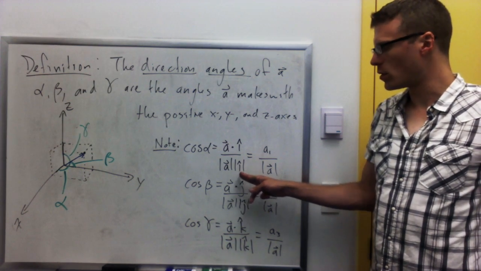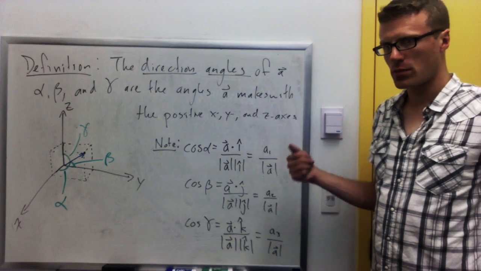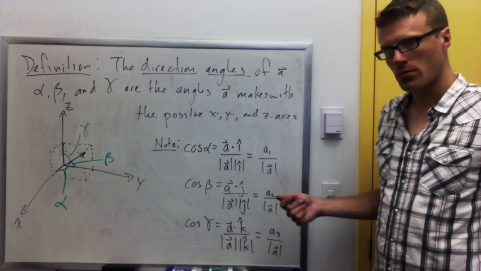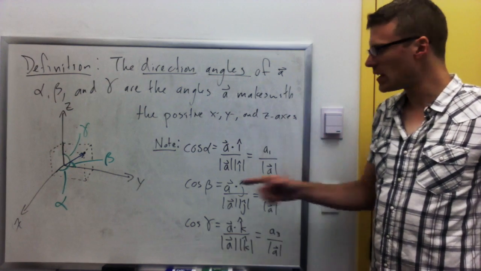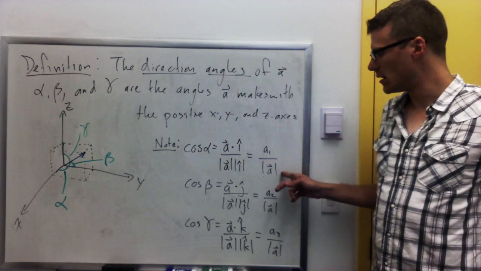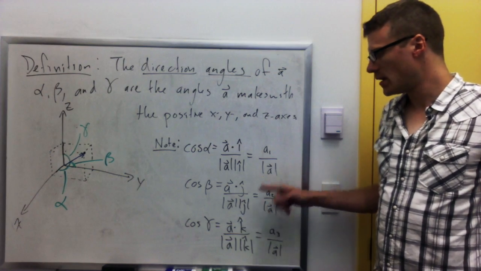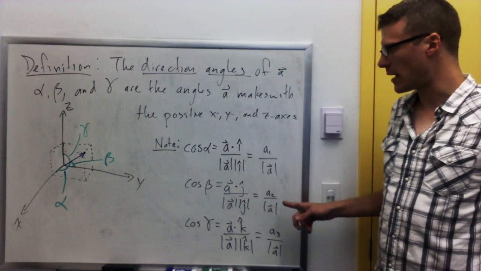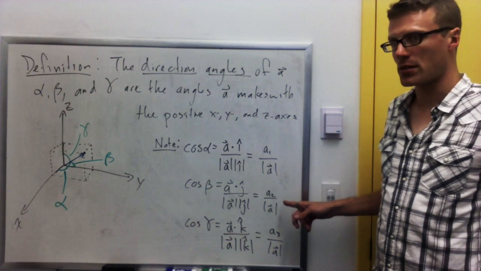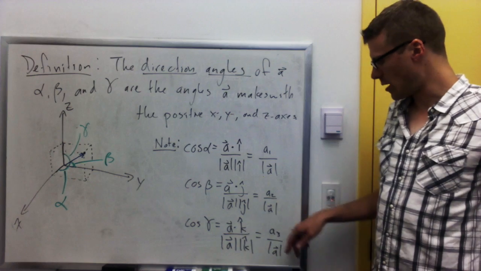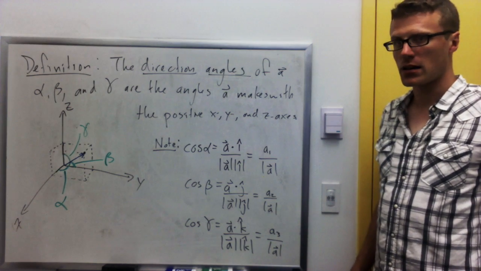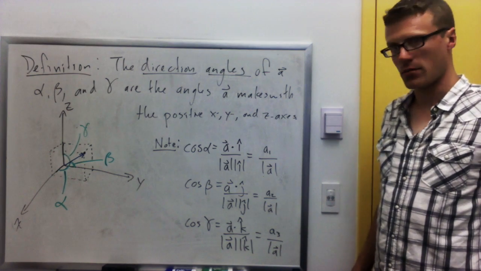Its components are 1, 0, 0, so 1 squared plus 0 squared plus 0 squared is 1. Square root of 1 is 1, so its magnitude is 1. At the end of the day, cosine of alpha is A1 divided by the magnitude of A. Similarly, cosine of beta, the angle that A makes with the positive y-axis, is A2 divided by the magnitude of A, and cosine of gamma is A3 divided by the magnitude of A.